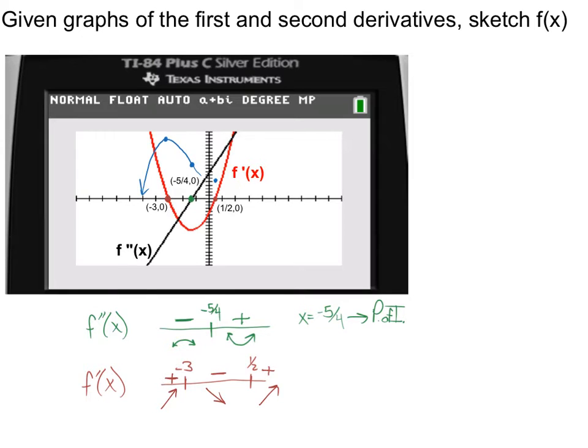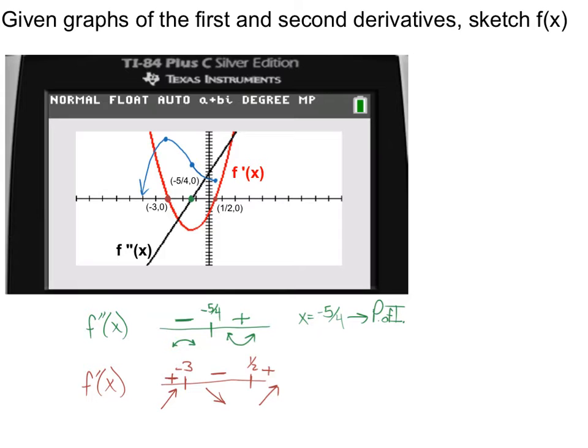Okay? That is right here. I'm concave up, but I'm still decreasing. This is why I like to put these side by side. I was increasing but concave down. Then I started decreasing, but I was still concave down. Now I'm concave up, but I'm still decreasing.